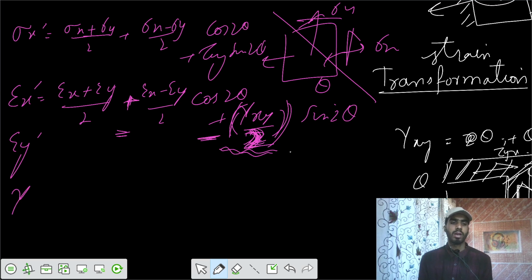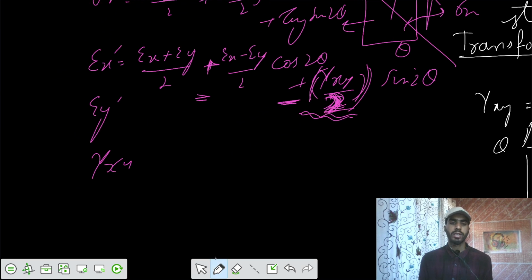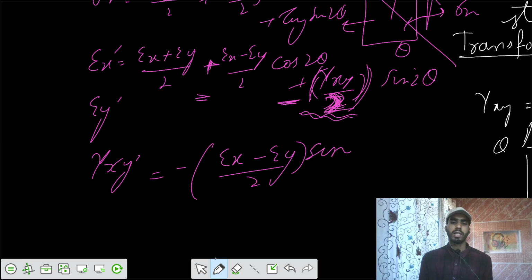And if you want to say what is the shearing strain on that particular plane, shearing strain xy dash, that would equal minus ex minus ey by 2 sine 2 theta plus gamma xy by 2 cos 2 theta.